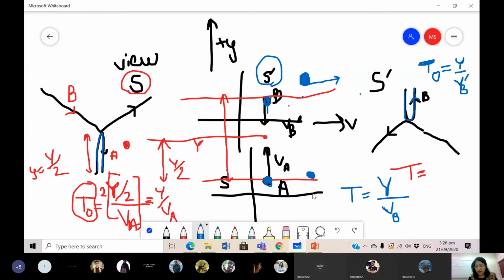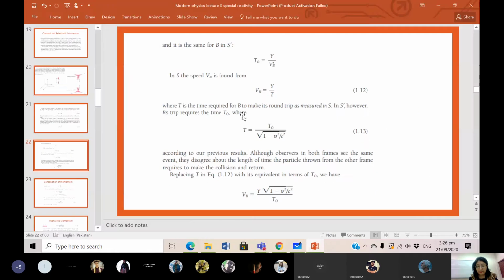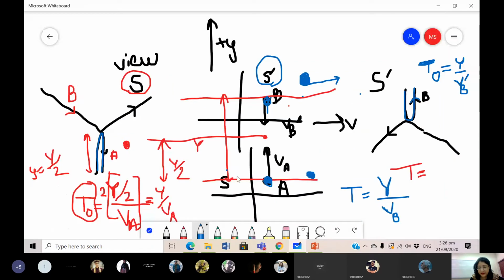So now if I talk about a situation where we are viewing from S frame, S frame से हम देख रहे हैं situation को, and we're trying to understand what is the velocity of B as seen from S frame.